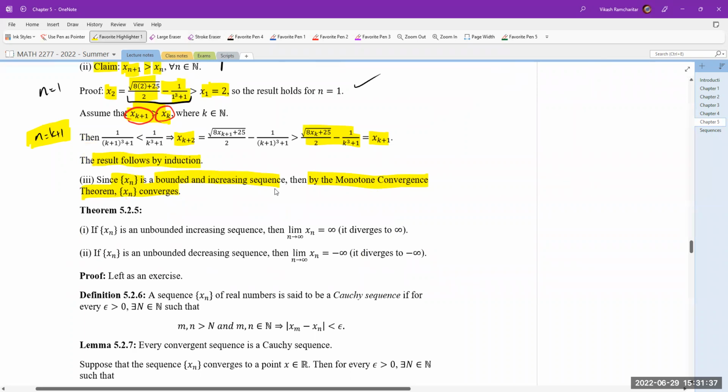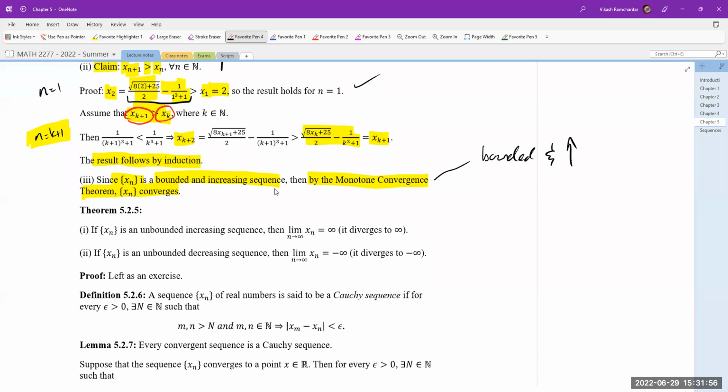All right. So this covers the case if we have a bounded increasing or a bounded decreasing sequence. The monotone convergence theorem covers if it's bounded and either increasing or decreasing.